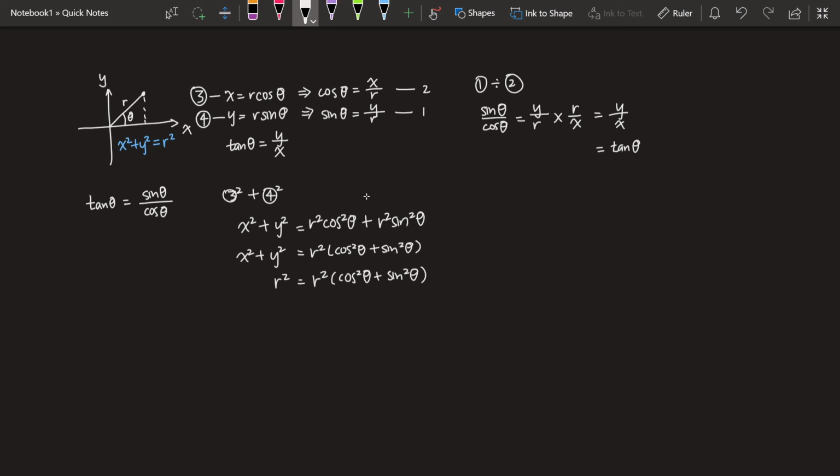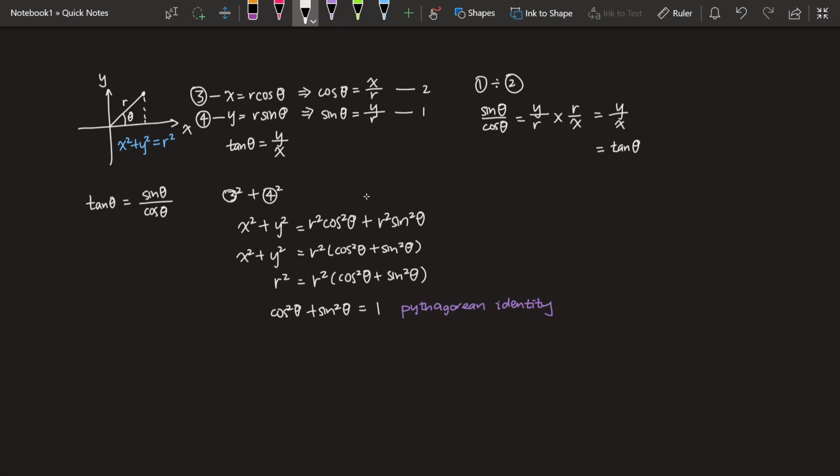So we discover that cosine squared theta plus sine squared theta is in fact equal to 1. Alright, so this is known as a Pythagorean identity.